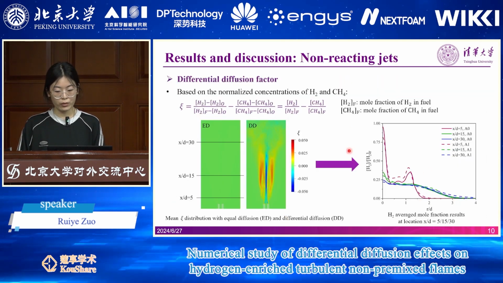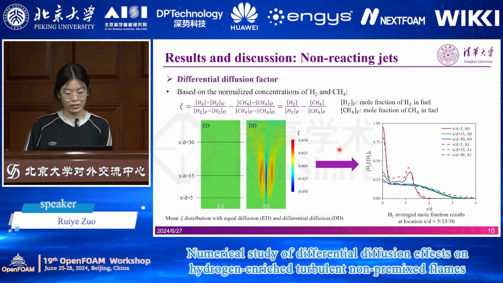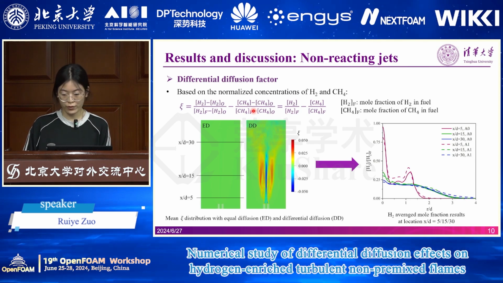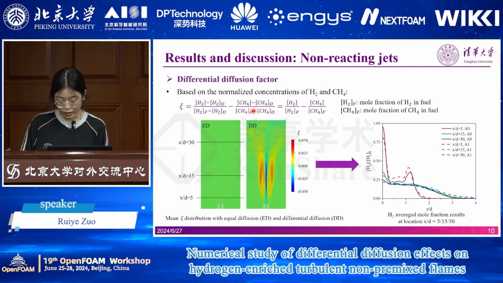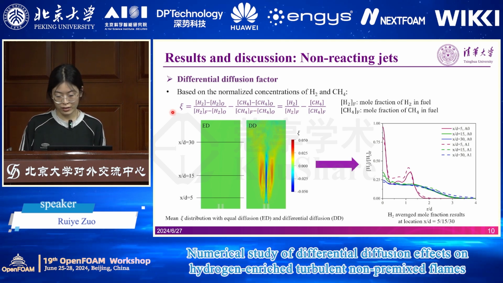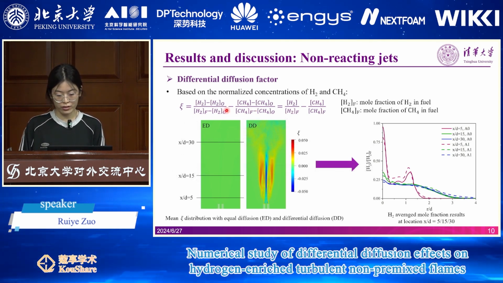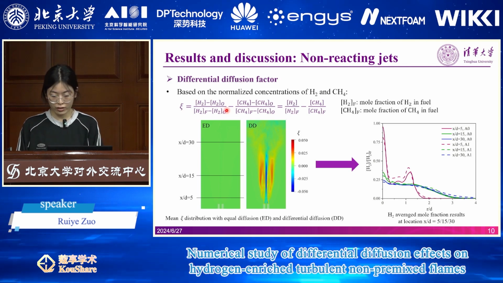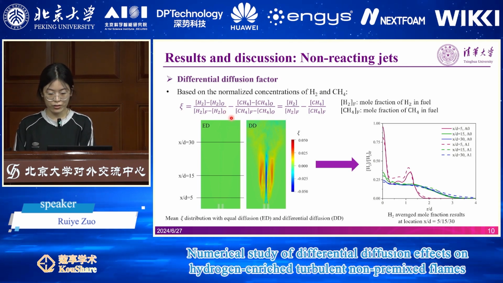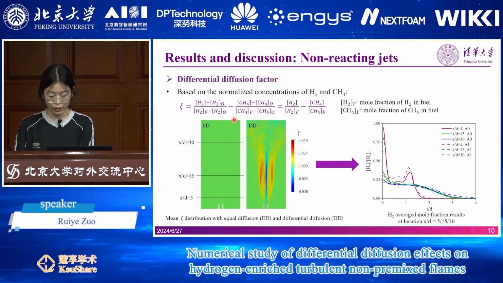After this, the model assessment is first conducted on non-reacting jets in order to quantify the effect of differential diffusion. We introduced a factor Xi based on the normalized concentration of hydrogen and methane. The definition of Xi takes on non-zero values only when the hydrogen or methane ratio differs from its initial value in the field.